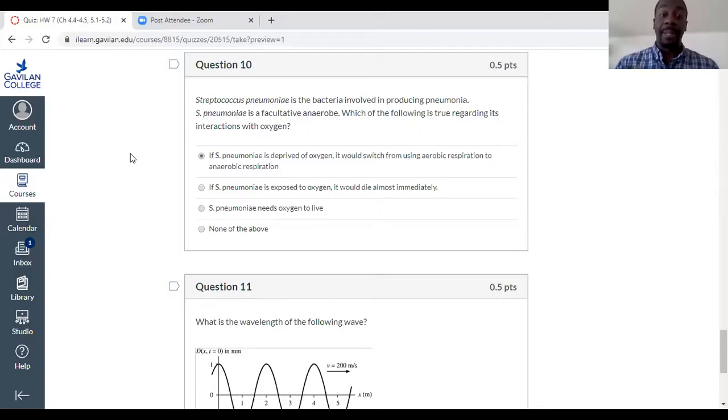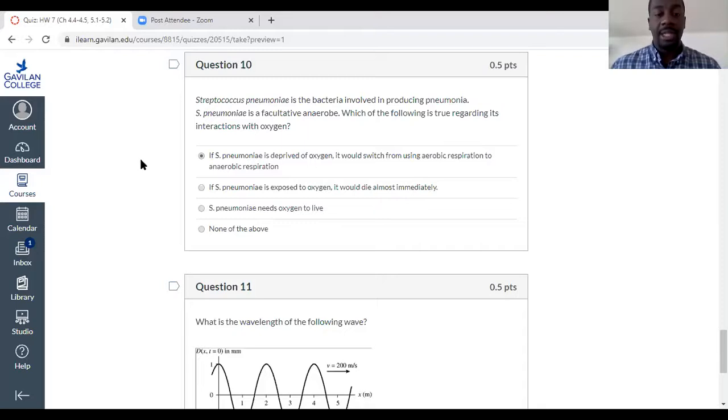But if there's no oxygen available, it'll just switch to anaerobic respiration, and it'll do glycolysis and fermentation over and over to produce smaller amounts of ATP. So it's able to live in either environment. A facultative anaerobe is able to switch back and forth between aerobic and anaerobic respiration, depending on the amount of oxygen available.